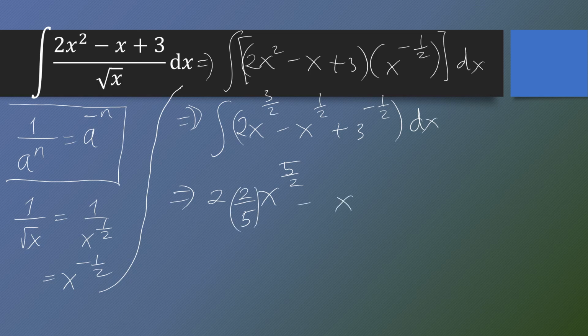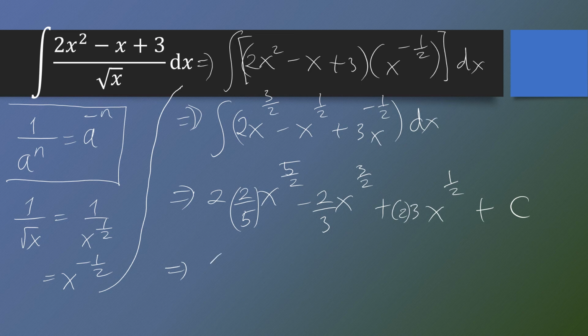And 1 half plus 1, we have 3 over 2. Sorry, I forgot to write the variable. So negative 1 half plus 1, we have 1 half. And because 1 divided by 1 half, we get 2, right? Don't forget we have plus c, and simplify your final answer.